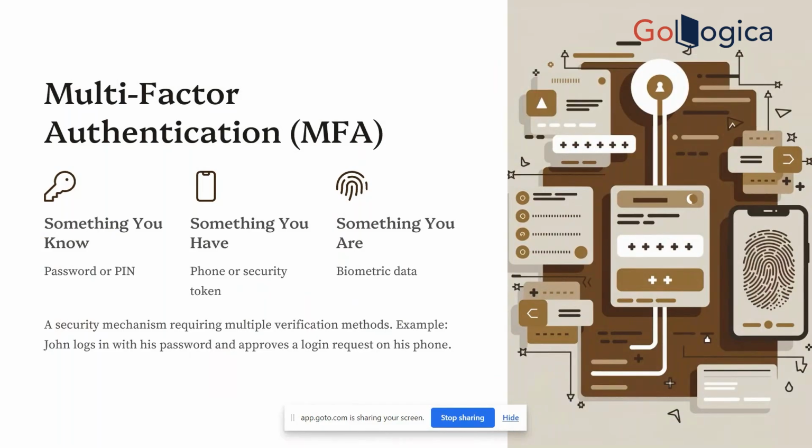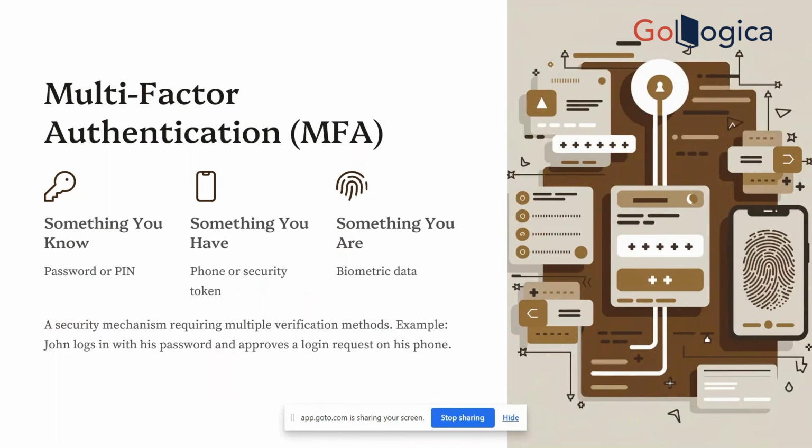Something you are, verifying yourself by your biometrics, or with an OTP message, a voice call message, or any kind of device you plug in. So this is the second layer of boundary on the security side in IAM. That's why we call it multi-factor.